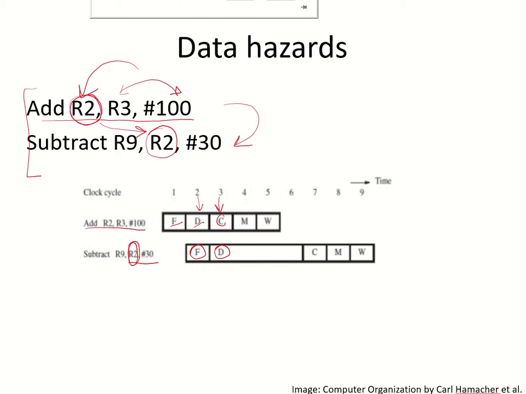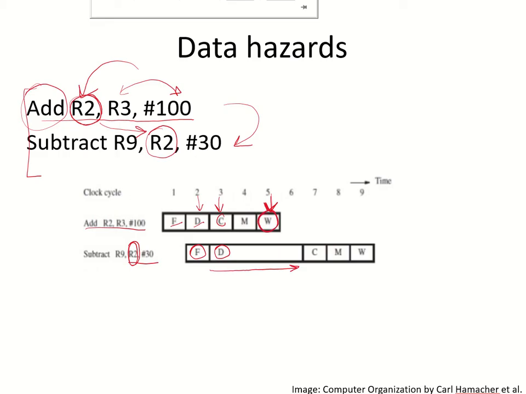The value currently available in R2 has not been written back by the add instruction. The value in R2 will be written back only in clock cycle 5. So this pipeline will have to be stalled till it is written back in clock cycle 5.